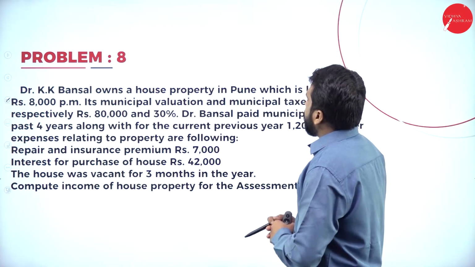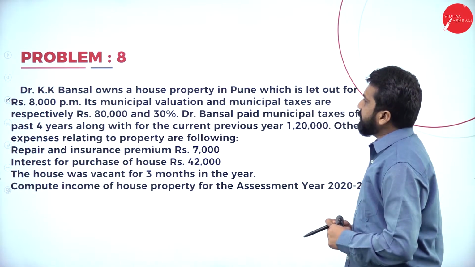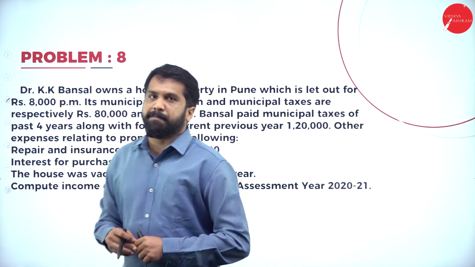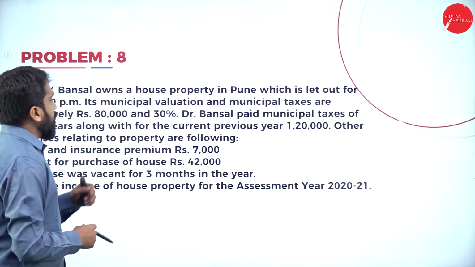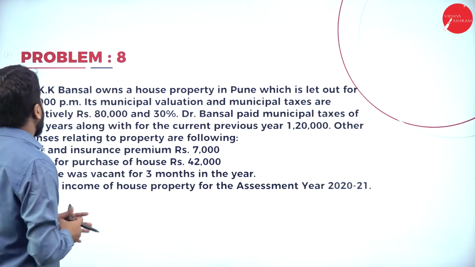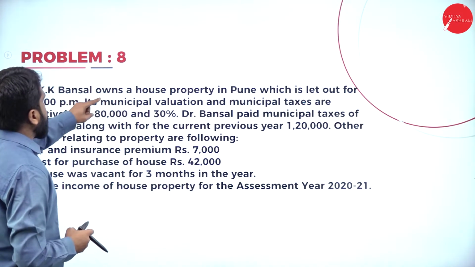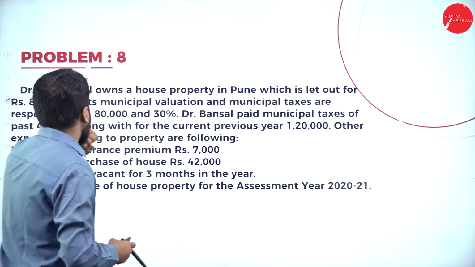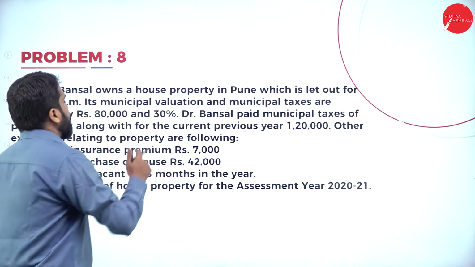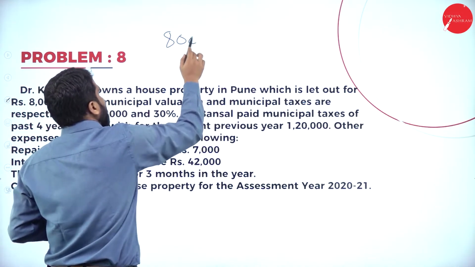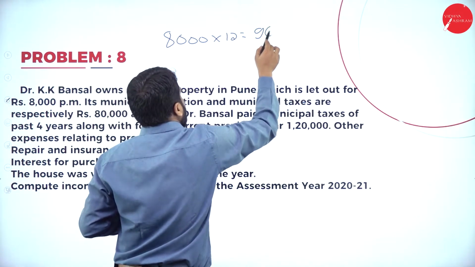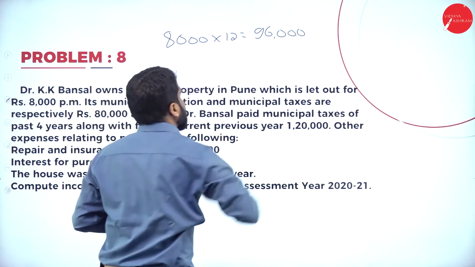What is the per month? It is 8,000 into 12. How much will you get? You will get around 96,000.